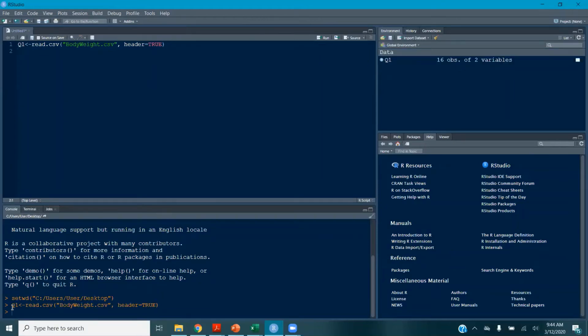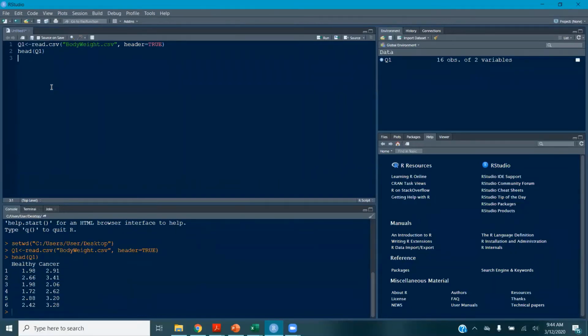You should see down here, the code successfully ran and no data printed because all we did was assign this data to a variable. The next thing we always want to do in R is look at the data we just imported. So we're going to use the function head with the variable we assigned it to, Q1, and that's a capital Q. Run that line, and we see 2 columns of data.